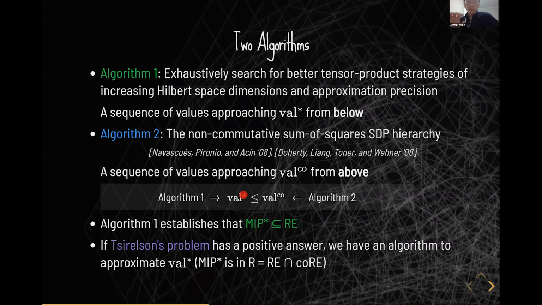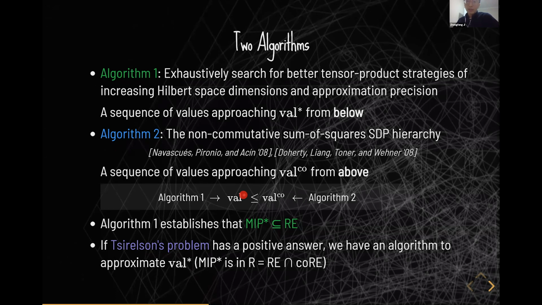In the maximization, there's no upper bound on the dimension that the provers can use, but each time it's a finite dimensional Hilbert space, and then you can take the limit. You don't start from an infinite dimensional Hilbert space from the beginning.